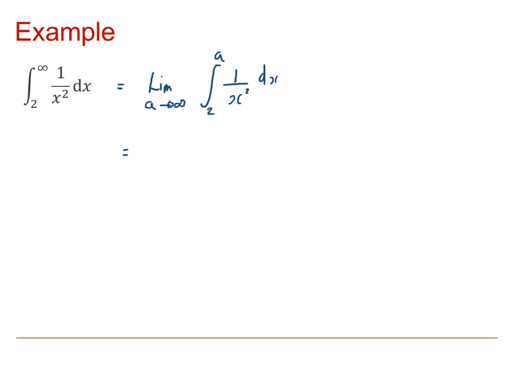The integral of 1 over x squared evaluates to -1 over x. So we're evaluating that between 2 and a, and then we're going to take the limit as a approaches infinity.